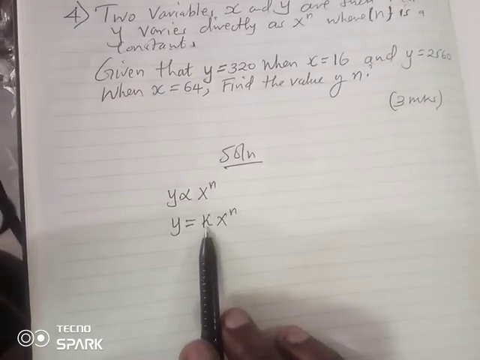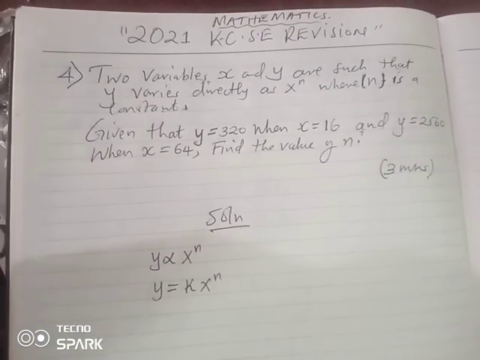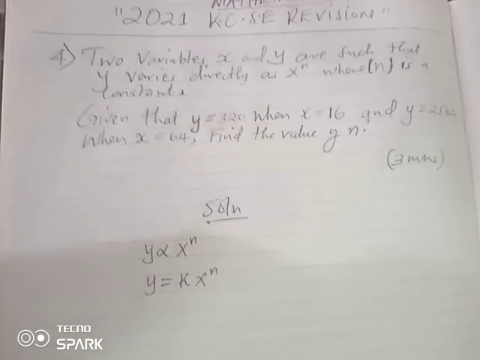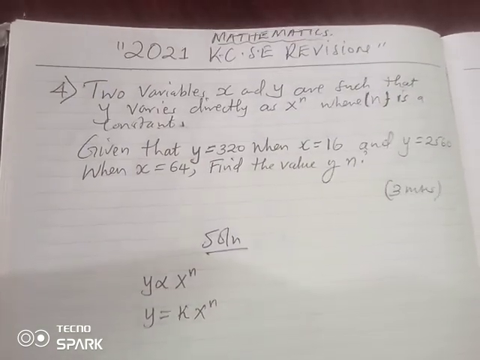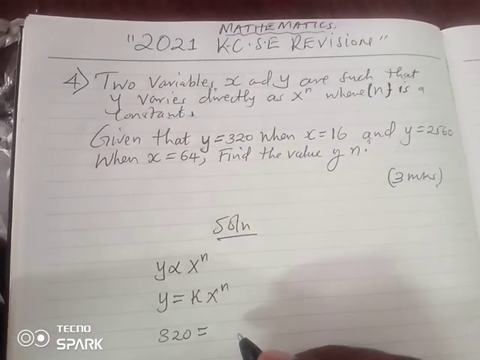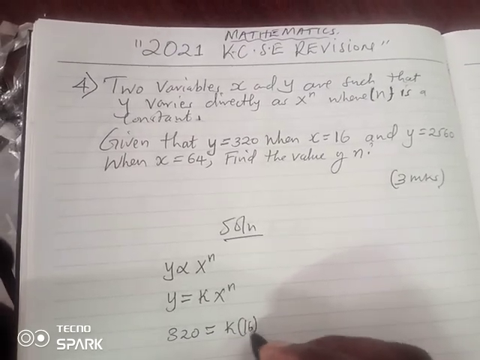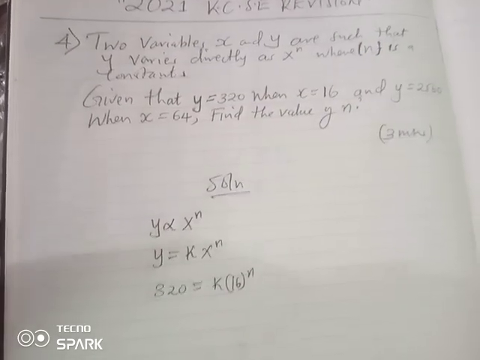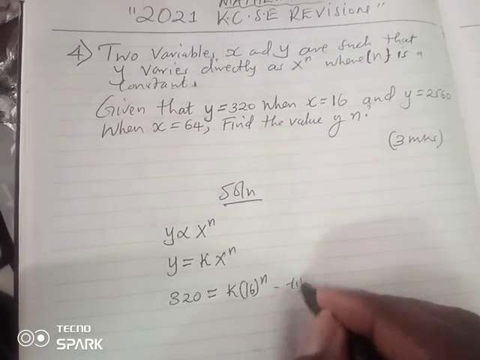We have to introduce a constant, doing away with the variation sign, and therefore now substituting the values given, we are told y is 320 when x is 16, so k times 16 power n. This is equation 1.